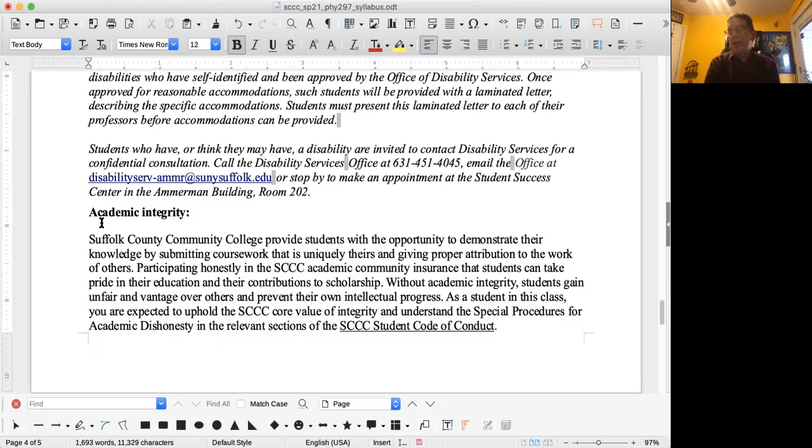Academic integrity. I think that should be obvious by now because of the online nature of the course. You're on your honor to a greater degree than you would be under normal circumstances. But there are still ways to spot if you're cheating. There are ways to figure out if you've Googled the solution to an exam problem, for example.